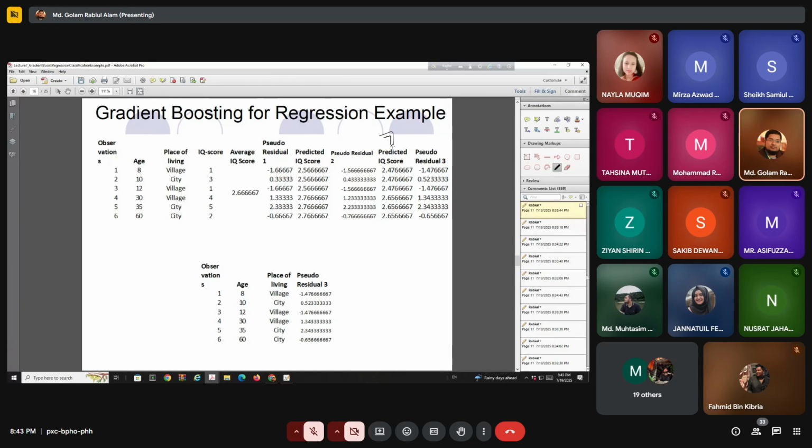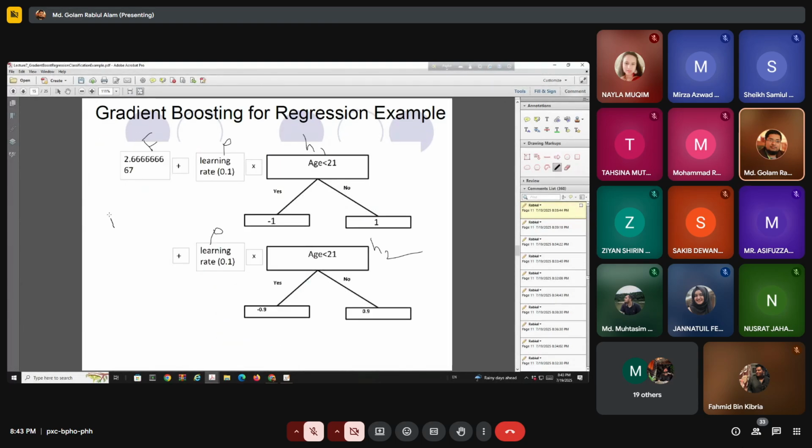This is the pseudo residual 2 we have already discussed, and now we have to find out the predicted IQ score for this. And again for that we have to pass each and every instance, like our first instance here where age is 8 and place of living equals village.